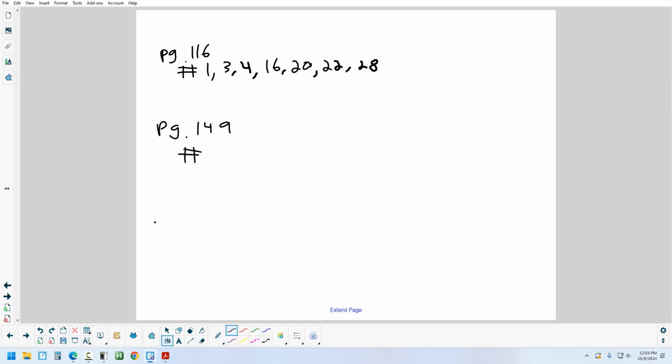Let's do 1 through 5. And I'm going to change the directions: find the domain and range. So you will need the calculator to do that. Okay, and we have a little bit to finish up on that. We'll look at that tomorrow.